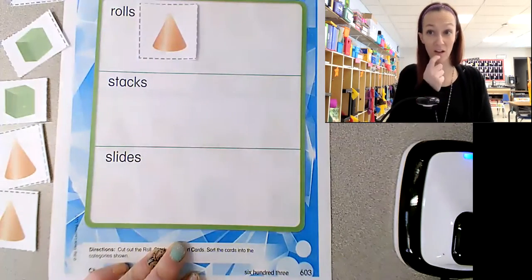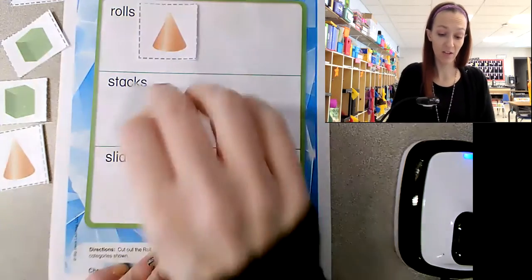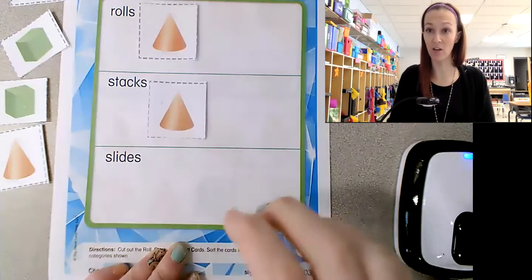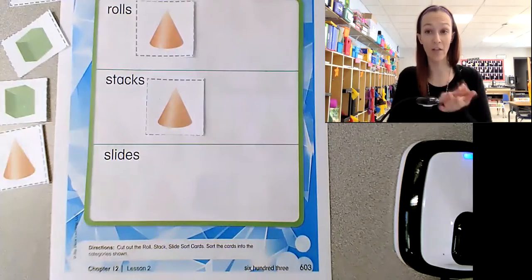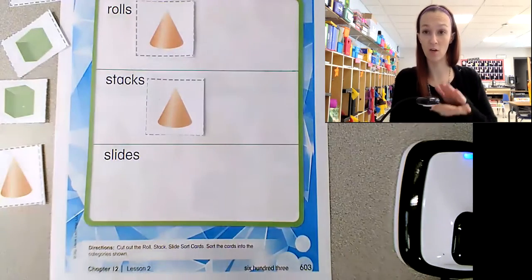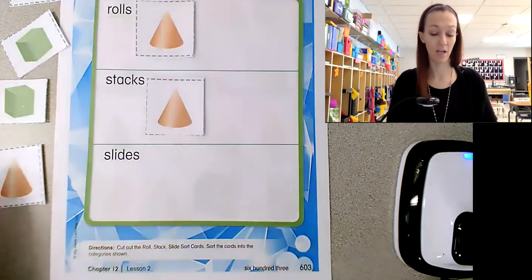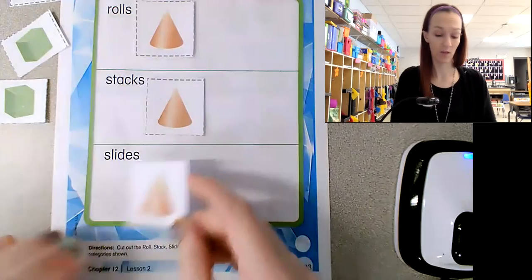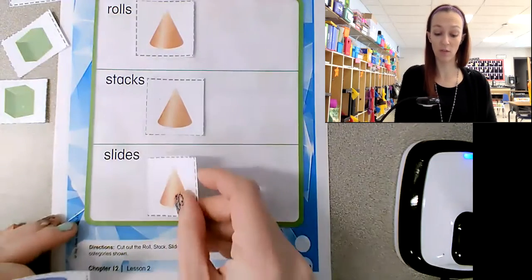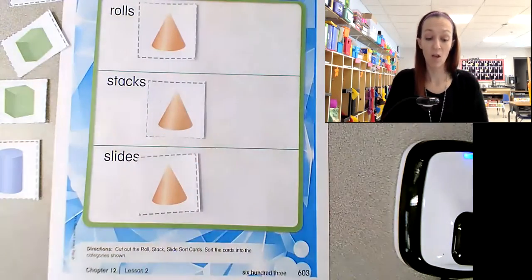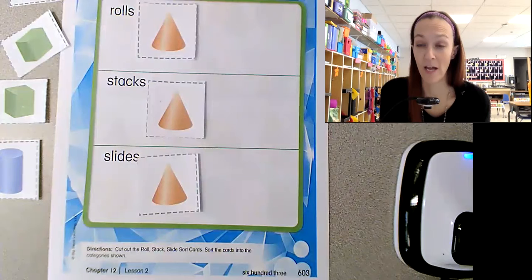Can you stack a cone? Yeah. And can you slide a cone? If it has a flat surface, remember a cone has a flat surface on the bottom, then you can slide it. So a cone can go in all three spots. You're going to do the rest. I don't want to give it all away.